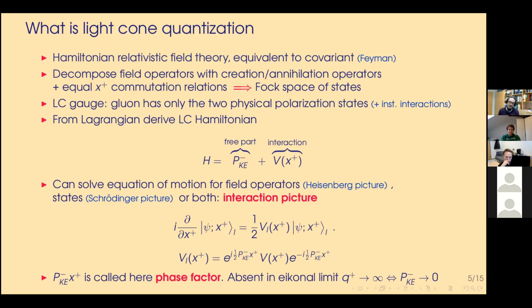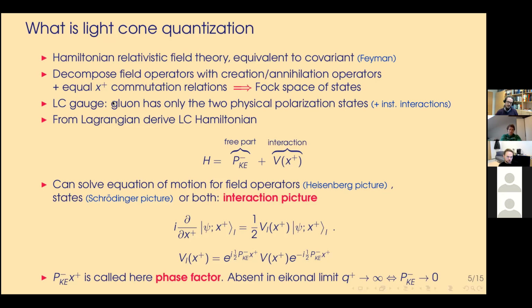These creation and annihilation operators obey commutation rules, and now one needs to be precise: they obey commutation rules at equal x plus. Whereas what you usually do in your lecture courses is that you have commutation rules at equal time. But here they are commutation rules at equal light cone time.